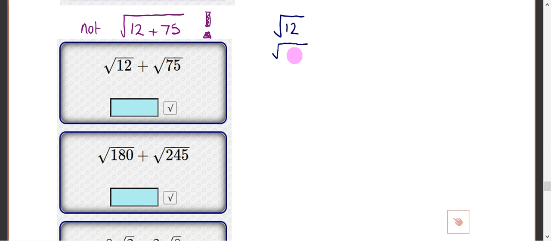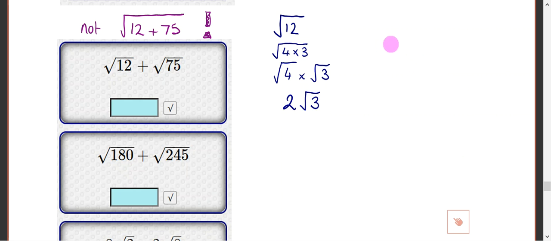So root 12 is root 4 times 3, which is root 4 times root 3. We are allowed to do it with multiplication, just not with adding. So that leaves me with 2 times root 3.